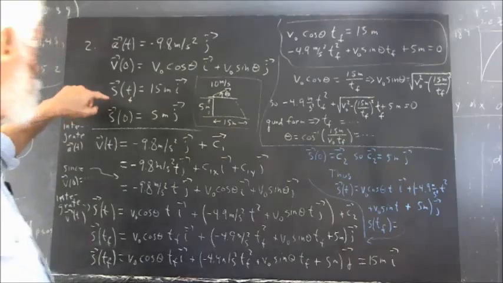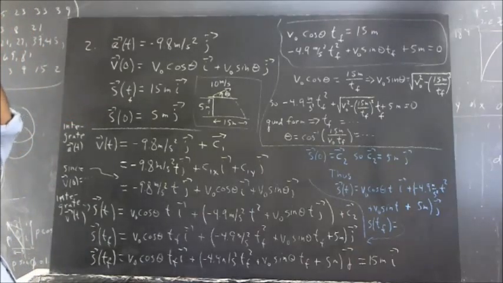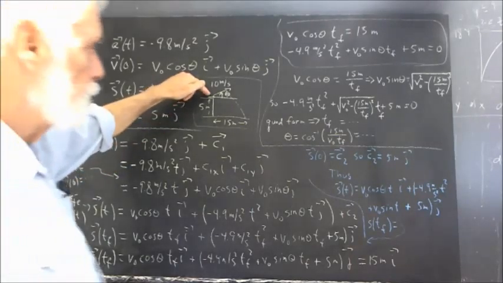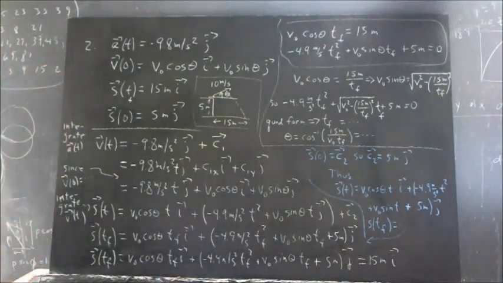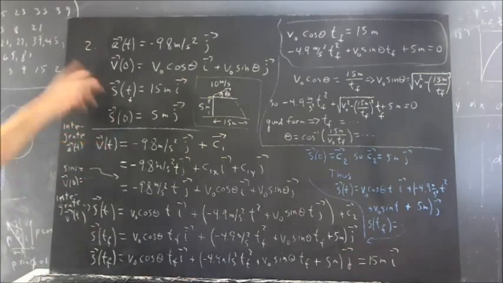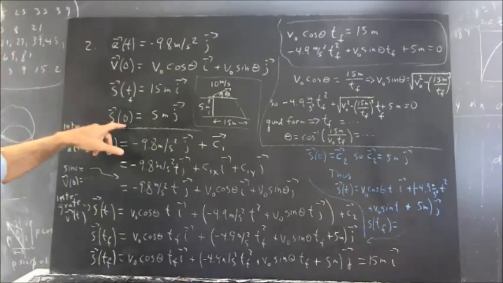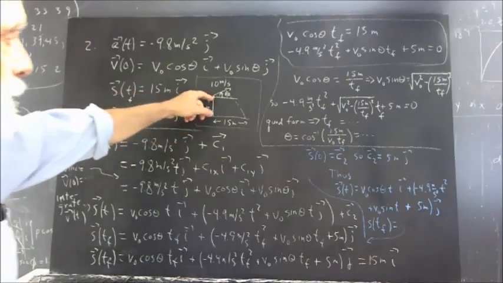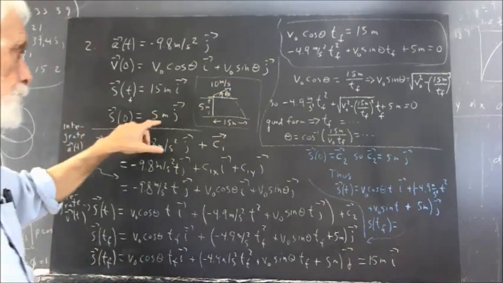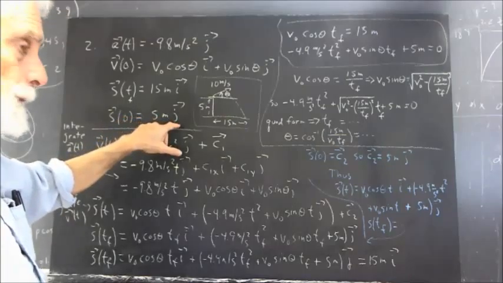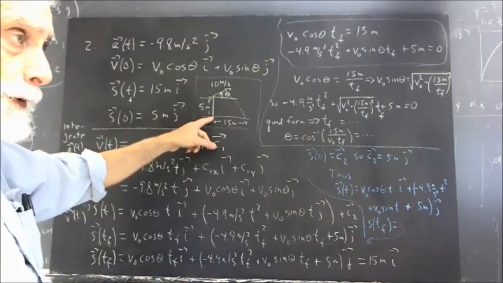Okay, so we also know that if t naught is the initial instant and t f the final instant, and I didn't write that out just to save board space, and if we assume that t naught, the initial instant, is 0, so the time runs from 0 here to t f here, then s of 0, of course, is just 5 meters times j relative to an origin here.